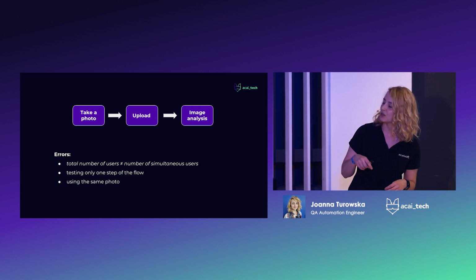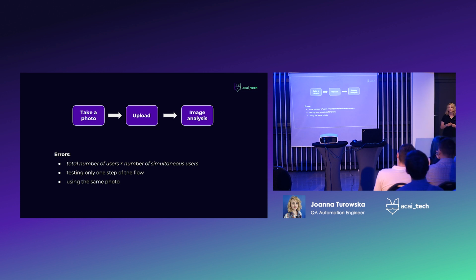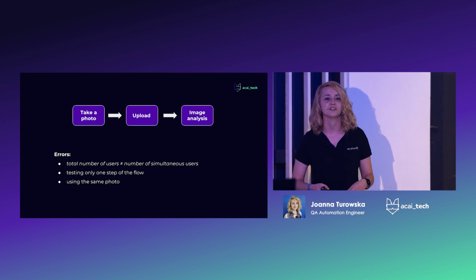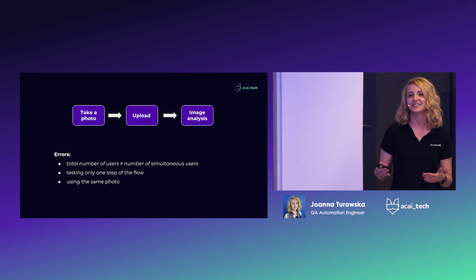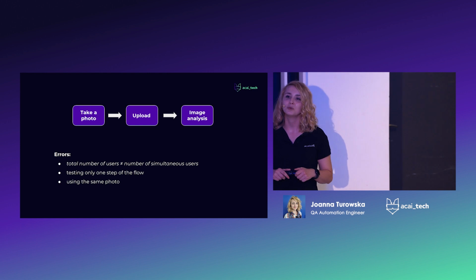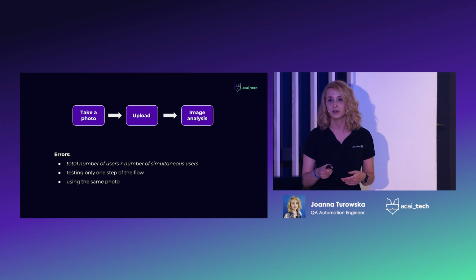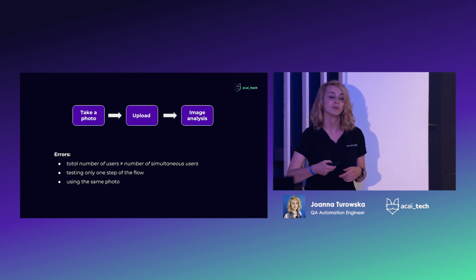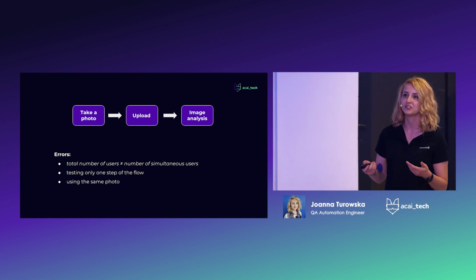So at this step, I want to mention that it's really important that we have various data, not just one user with the same kind of data, but many different users with different data, some randomly generated. Because if we have the same data constantly, we can encounter a problem of caching, and the data will be processed much faster, and the results will not be really reliable and will not express the reality.